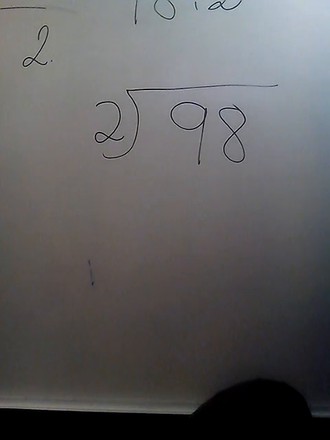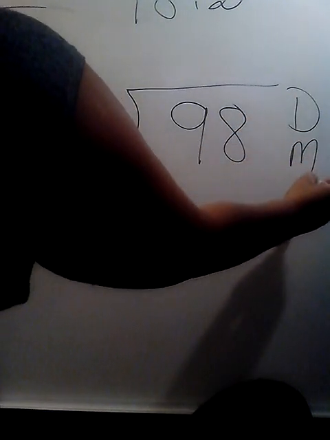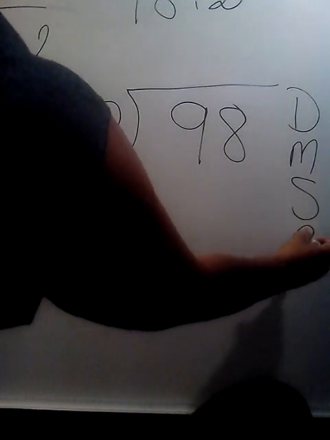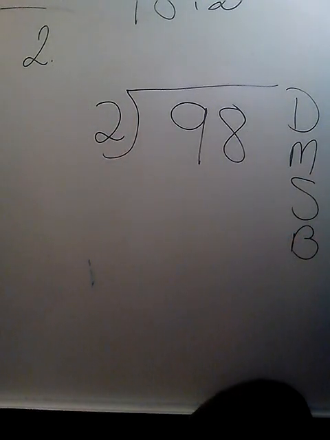Okay, I'm going to start with DMSB: divide, multiply, subtract, bring it down. Now, 98 is a large number, okay? And I don't want to say my 2's up to 98.